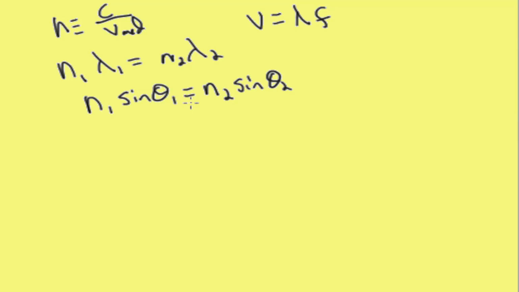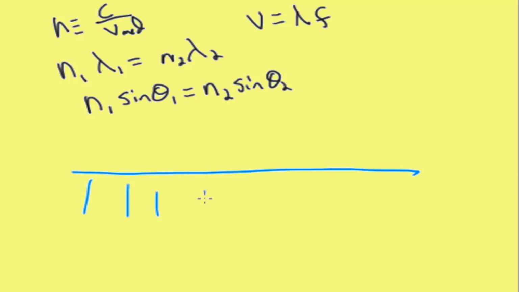So if we were to look at, say, water, this is the surface of water, and inside here is water. We'll say outside here is air. So n equals 1 in air, and let's say n is about 1.3 inside the water.